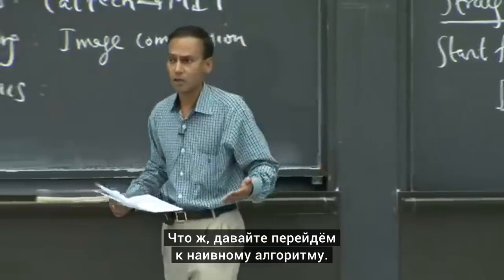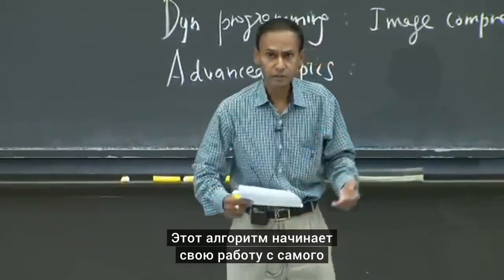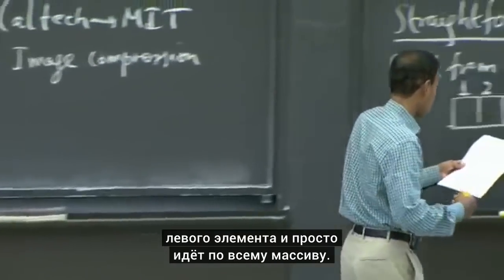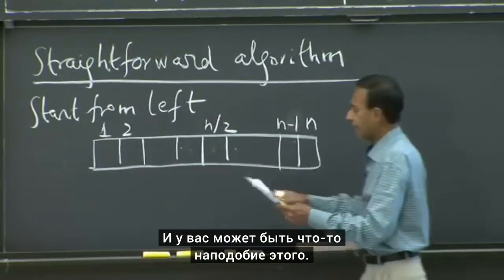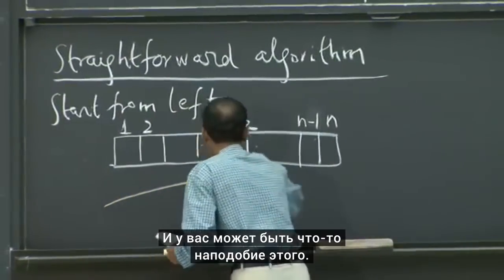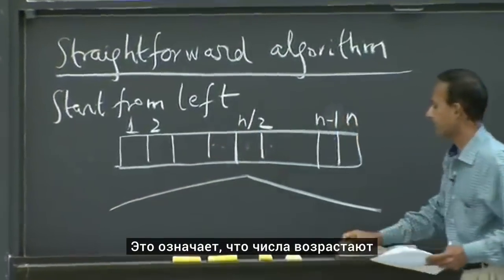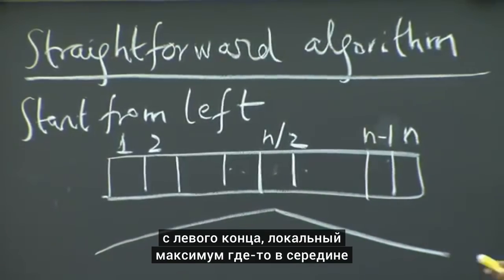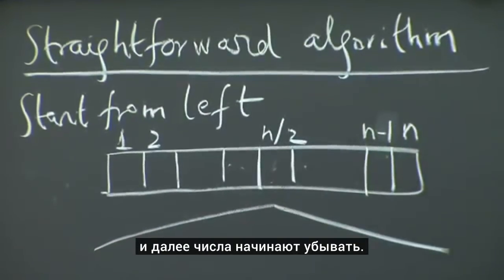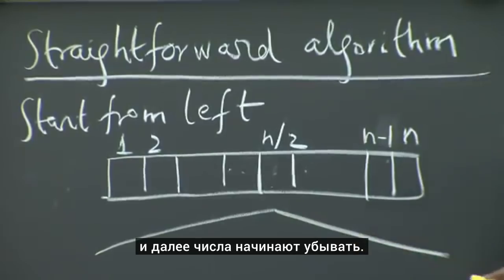So let's talk about the straightforward algorithm. The straightforward algorithm is something that starts from the left and just walks across, and you might have something that looks like that. By this I mean the numbers are increasing as you start from the left. The peak is somewhere in the middle, and then things start decreasing. Right?